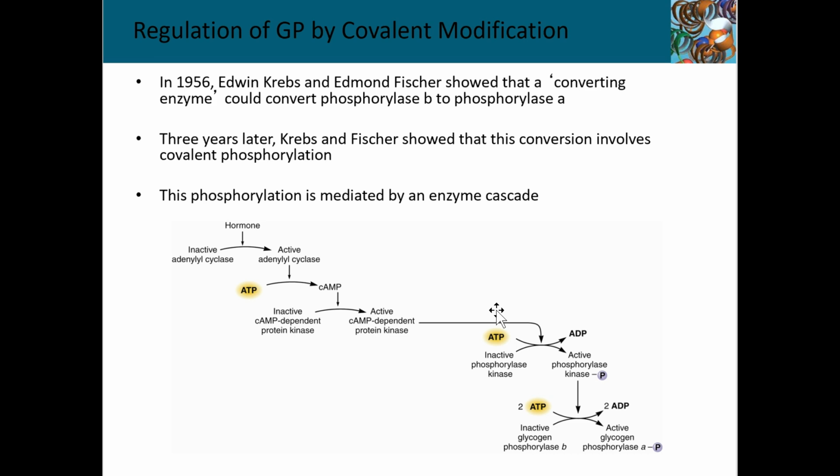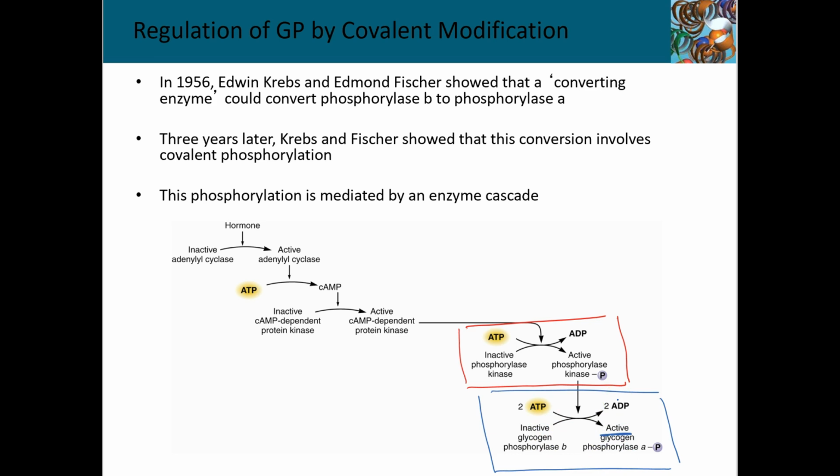And what we're focused on here is the conversion of an inactive phosphorylase kinase becoming active, and this takes the inactive glycogen phosphorylase and converts it to the active glycogen phosphorylase.